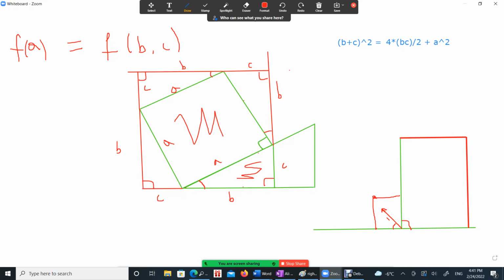The thing that we noted here is that the area of the triangle was used to know the area of this rectangle.